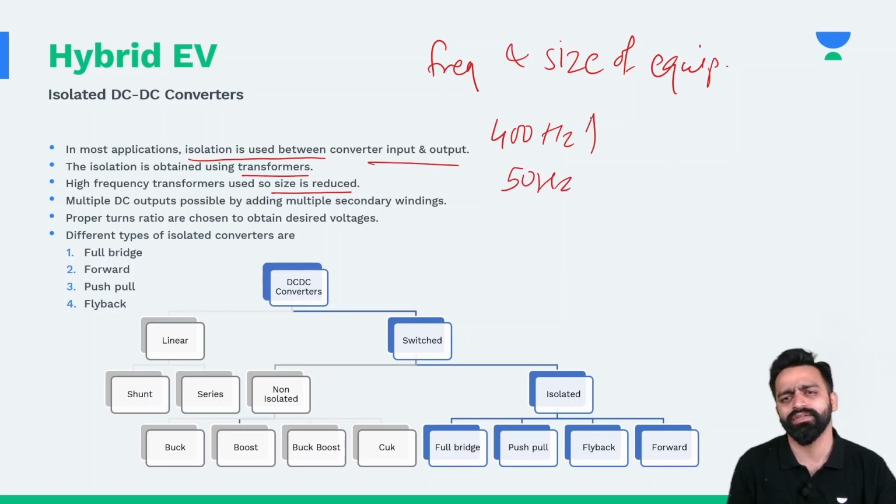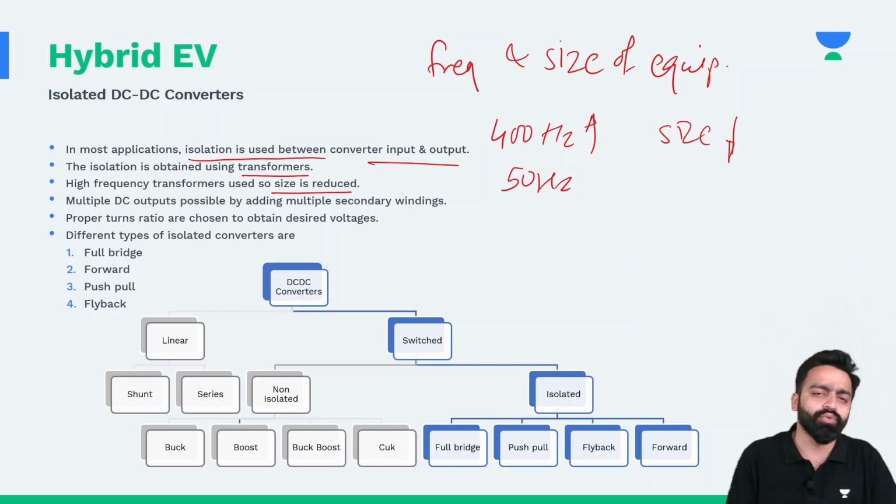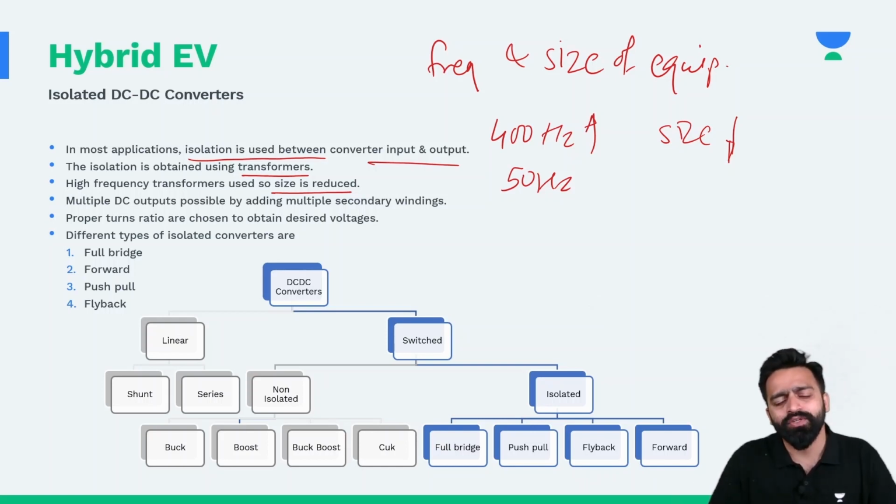Because when you increase the frequency, size of the machine reduces, and as size of the machine reduces, you can have lower weight, and as lower weight is there, less fuel is required to move the machine. That's why the high frequency transformers are used, so that you can limit the size, and as you are reducing the size, the weight of the transformer is going to get reduced, and hence overall impact on the weight of the vehicle is going to get reduced.